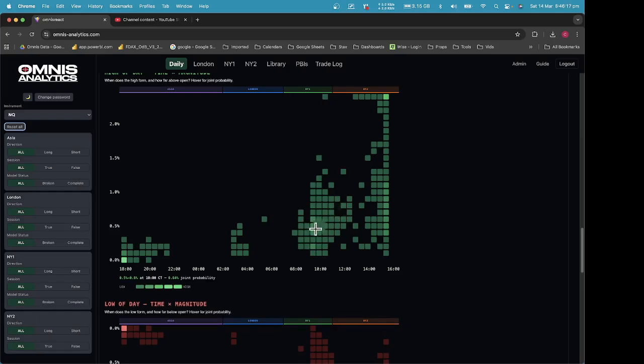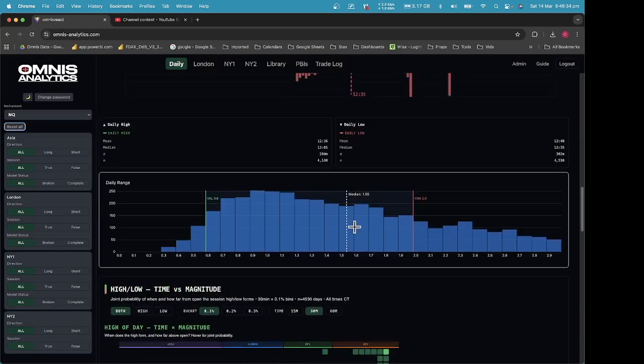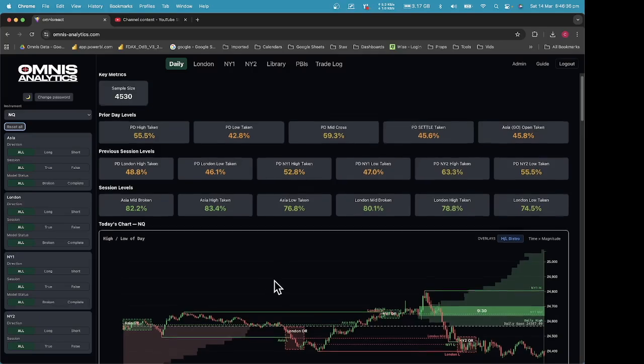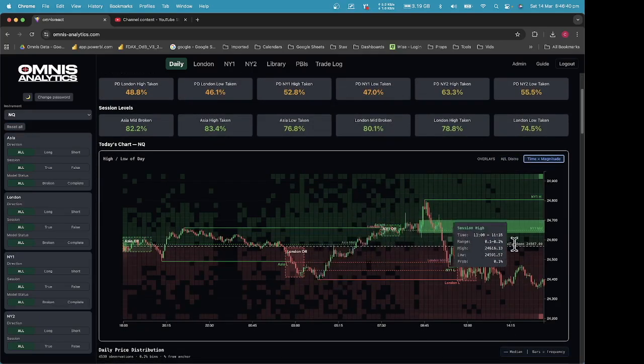So it can help us gauge whether an in-progress move is still within typical bounds, or have we pushed into rare territory. And the same for the lower day, right? If you remember some moments ago, we actually embedded this chart on top of today's live chart, right? If you remember, we had it here.